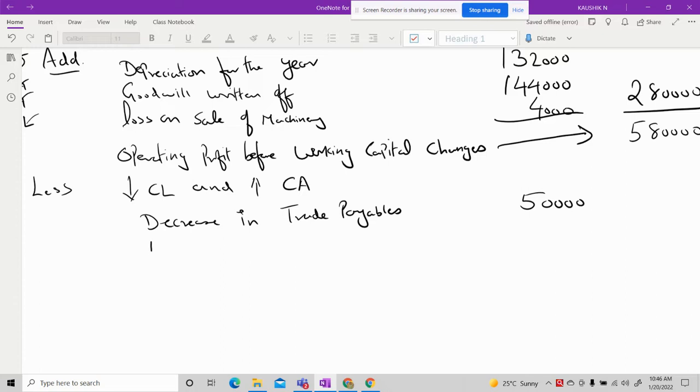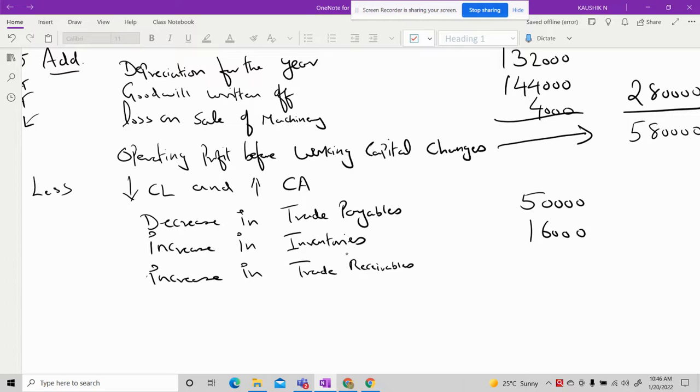So write it as increase in inventories, increase in your trade receivables. The value of inventory got increased by 16,000 rupees, and the value of your trade receivable has got increased by rupees 54,000. Am I right?